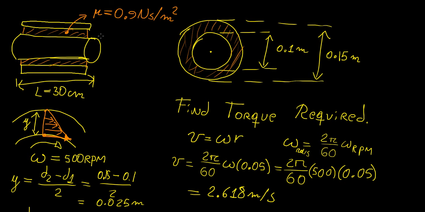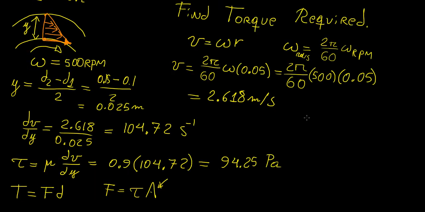So in order to calculate that, we're given the length, which is 30 centimeters, and we know what the circumference is because we can calculate that from the diameter. So in this case, the area of contact is going to be the circumference, which is just pi times d1. That's the diameter of the shaft. And we're going to times that by the length.